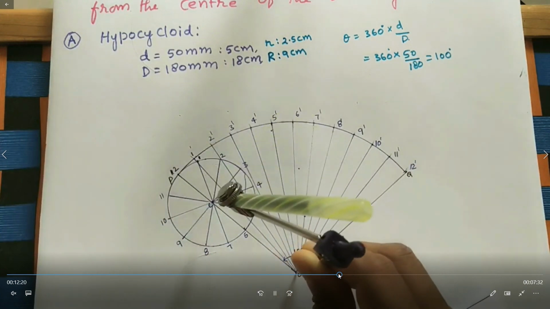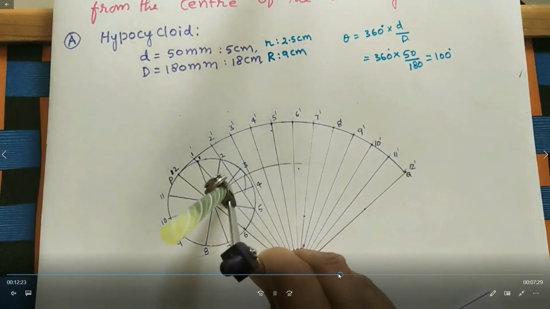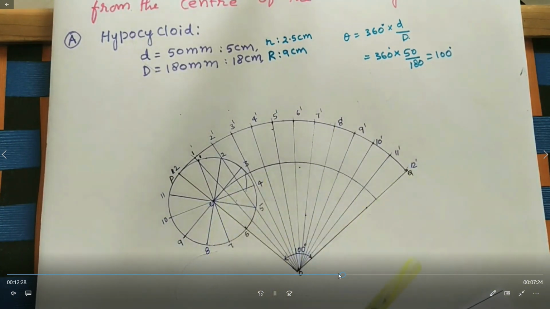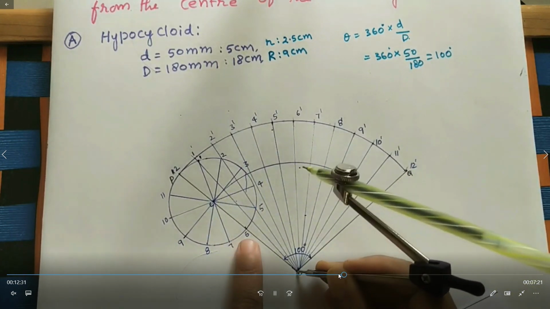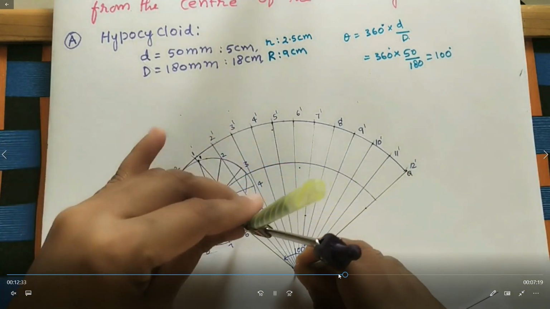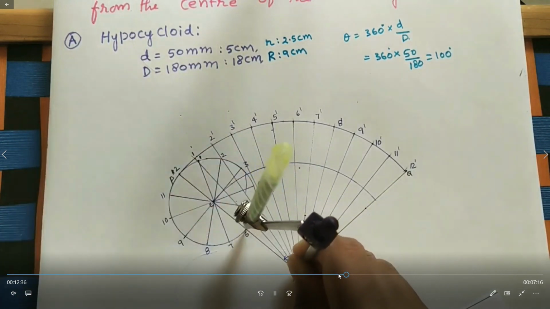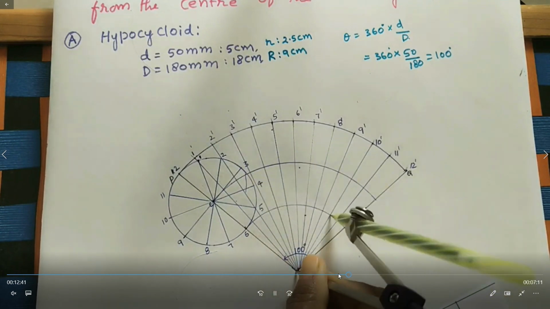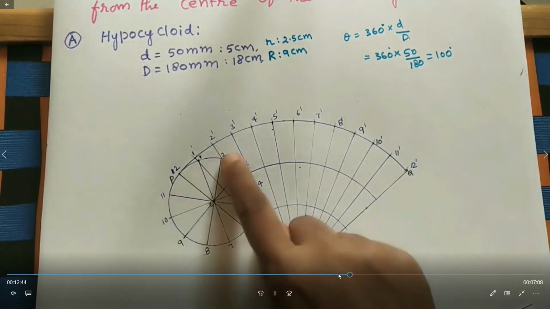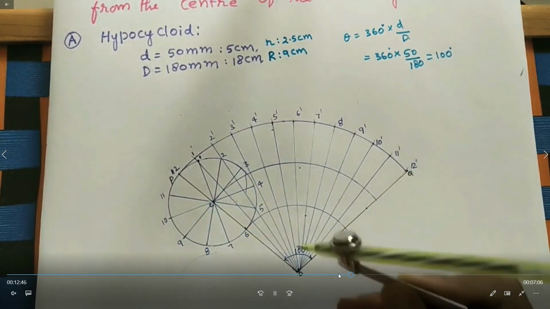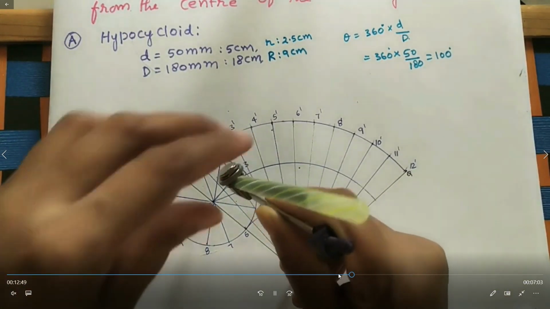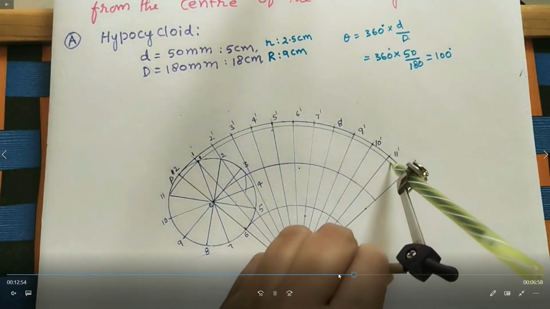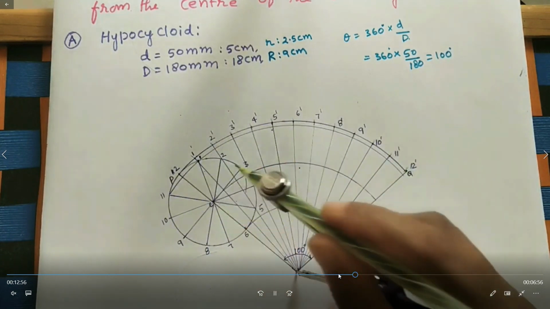Now with the help of the compass, we draw, that is the center, O to C, we draw the arc. And next division 6th, that is the starting point here. And next, one line 11 to 1.